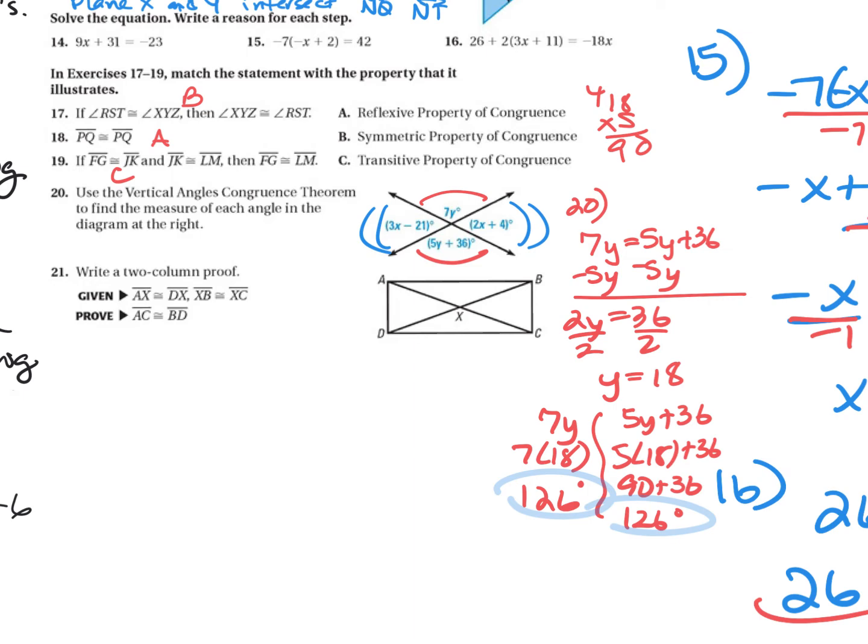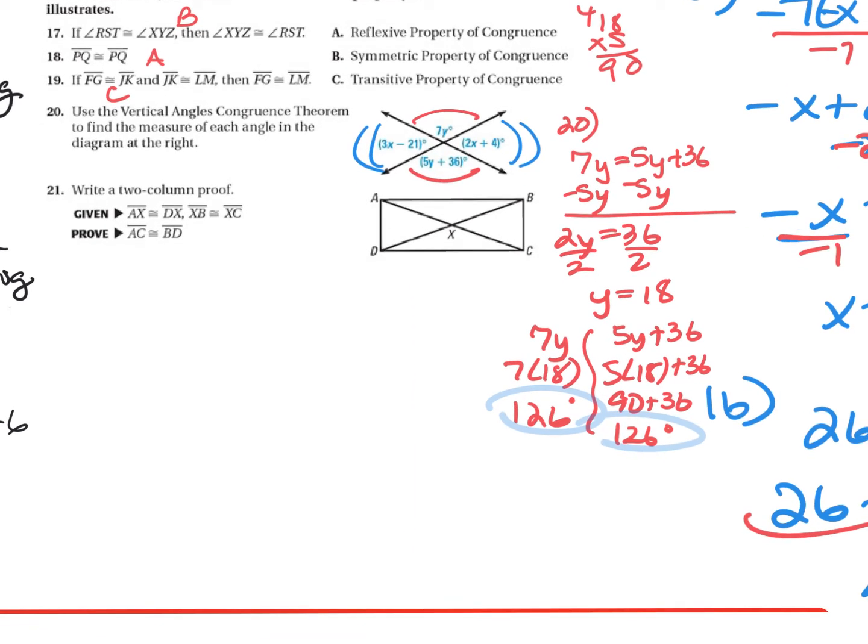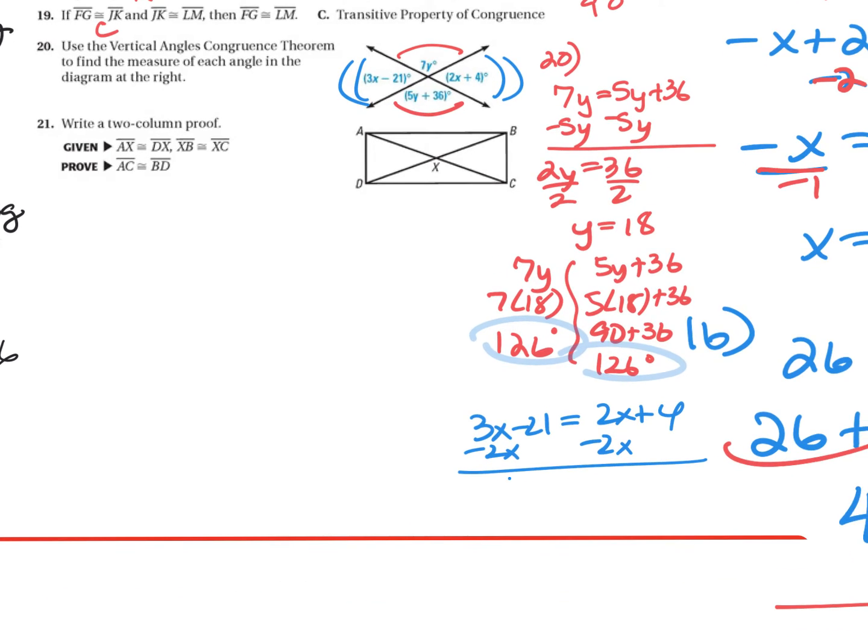And then to find the other 2, the 2 x's there, I'm going to set 3x minus 21 equal to 2x plus 4. Subtract the 2x. x minus 21 equals 4. Add 21. x equals 25.